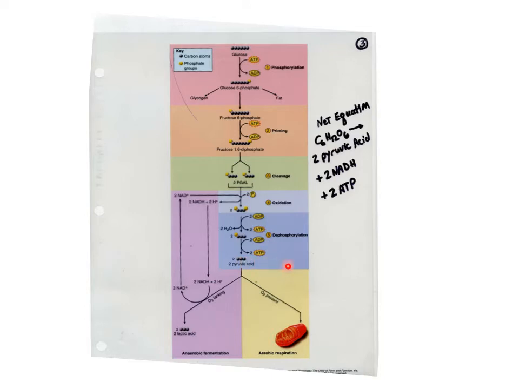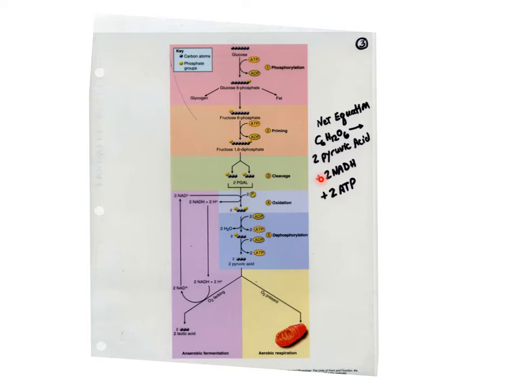And what you wind up with here is by taking the glucose and splitting it in half, you have 2 pyruvic acid molecules, and you're going to make 2 ATPs, and you're going to have 2 of these molecules that are called nicotinamide adenine dinucleotide. That's a mouthful. But NADH, okay, is really important because that is made of something called niacin.